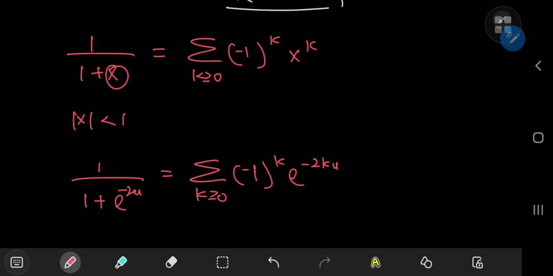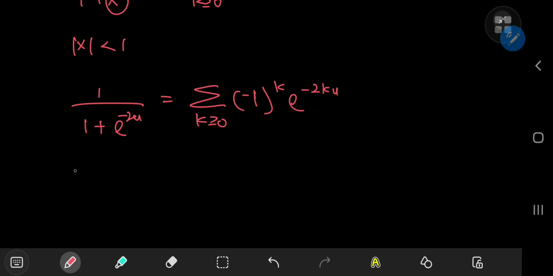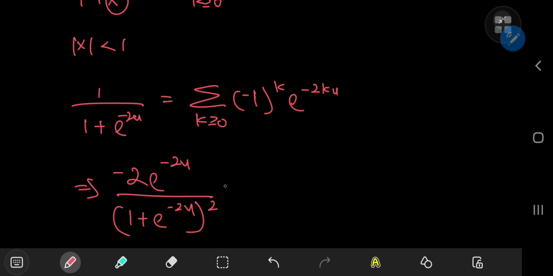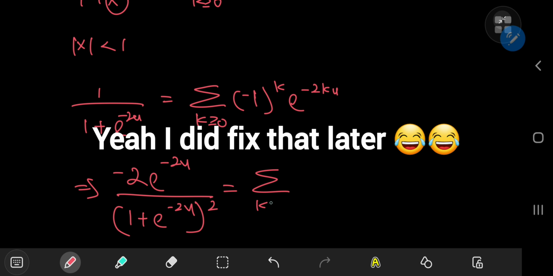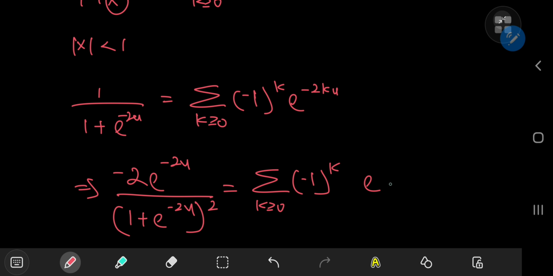And differentiating both sides with respect to u gives me the exact structure I have in the integrand. We get e to the negative 2u times 2, and a negative sign over here as well because of the power rule, and we're dividing by 1 plus e to the negative 2u now squared. And on the right hand side we have the sum over k of negative 1 to the k times e to the negative 2ku times negative 2.